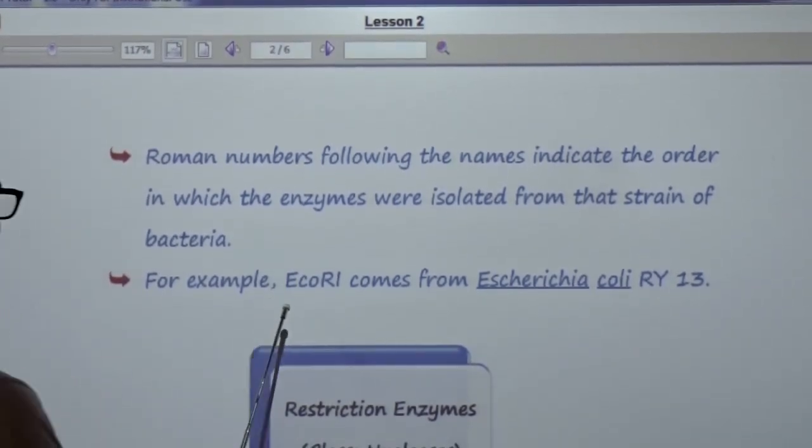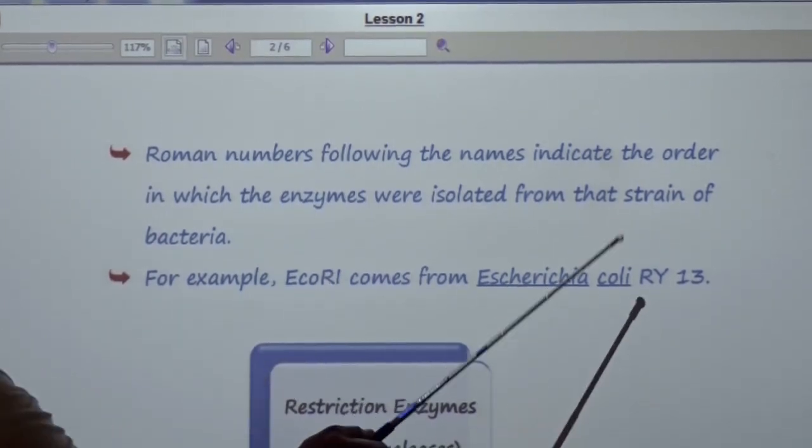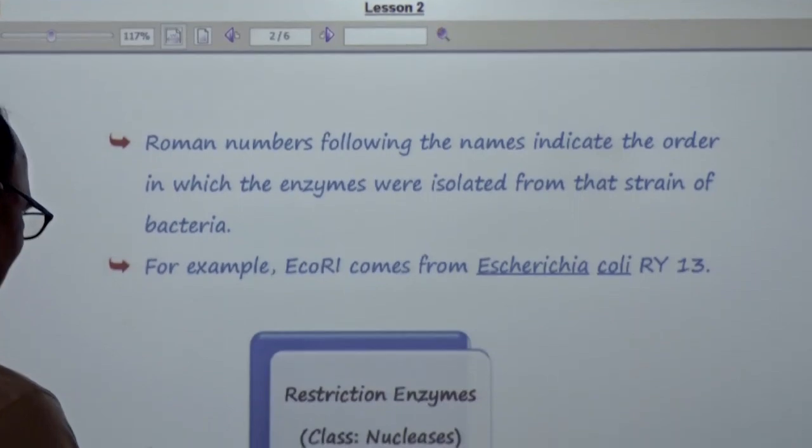So for example, EcoRI comes from Escherichia coli.